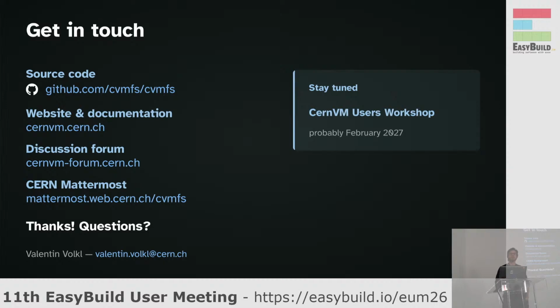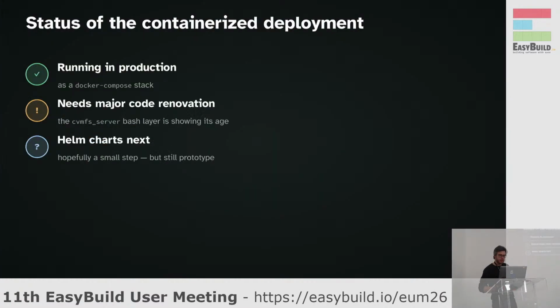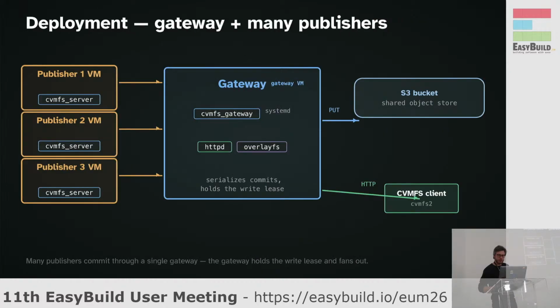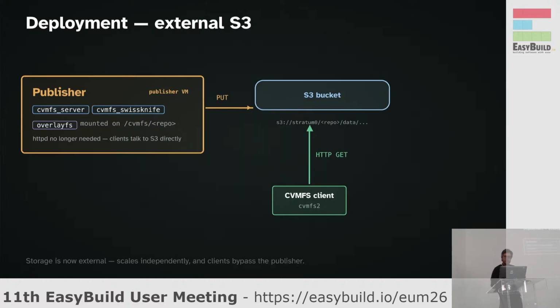So we're talking about this model here. The stratum 1 would look very similar to this, except that you don't publish new files; you do snapshots and you pull from the stratum 0 to put stuff into the S3 bucket.